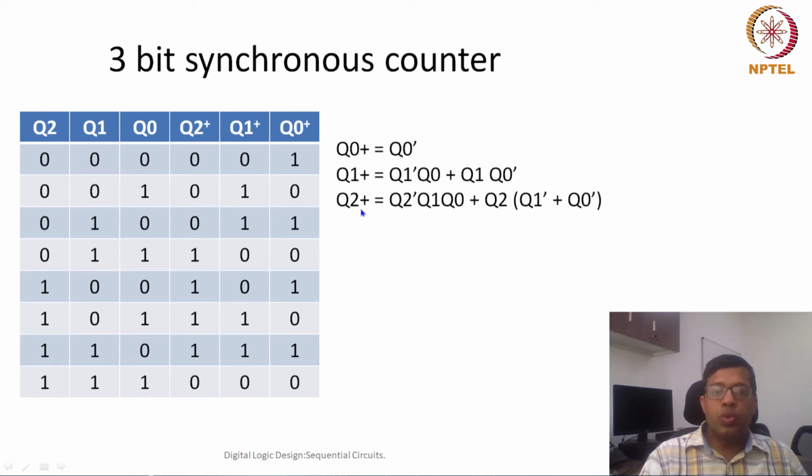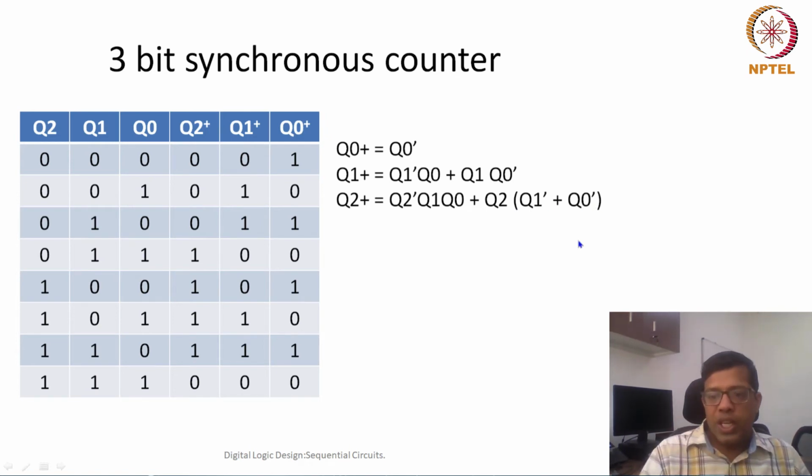For Q2 plus, we see it is 1 for these four cases. The first case is Q2 dash and Q1 Q0, or it is Q2 and Q1 dash plus Q0 dash. So this whole could be combined as Q1 dash plus Q0 dash.